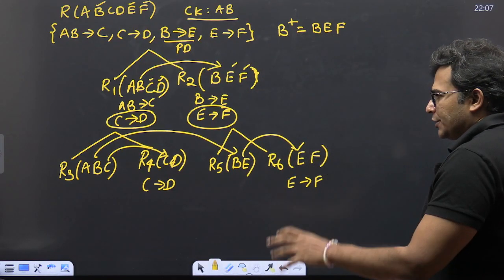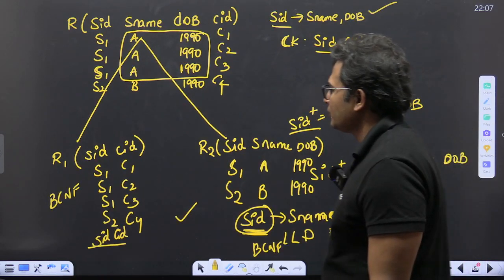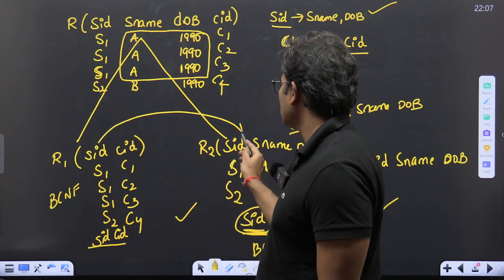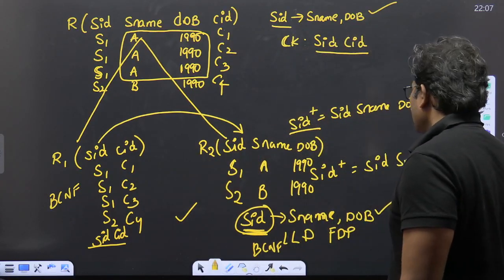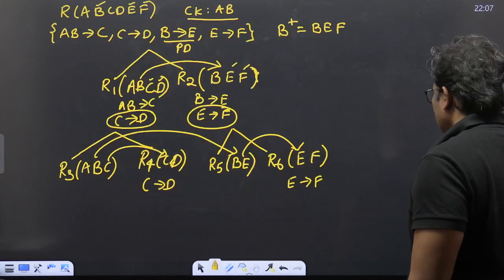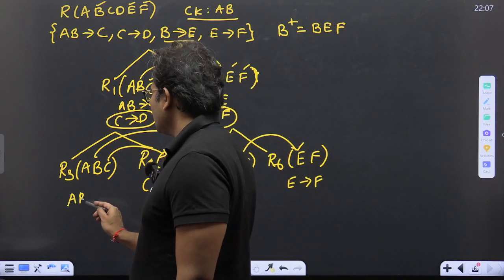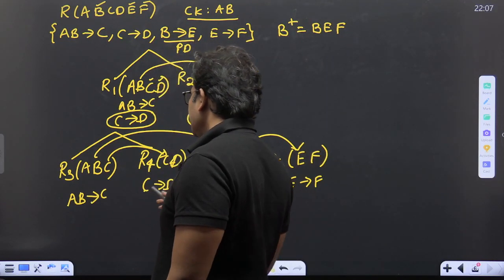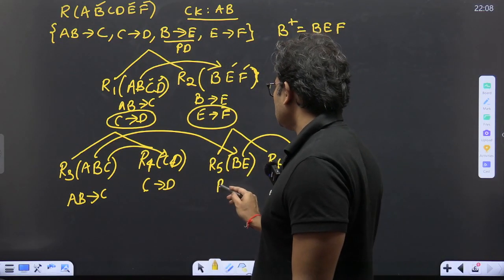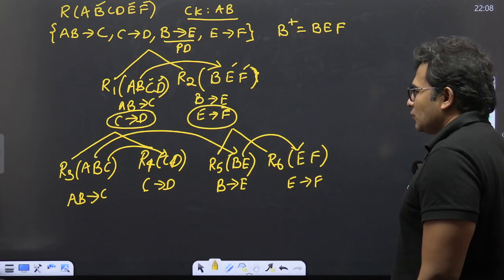Whenever you decompose a table, you are going to have foreign keys as well. In the previous example also, when I decomposed the table, this SID was referring to this SID. Now if you observe it, AB determines C will be here, C determines D will be here, B determines E will be here, E determines F will be here.